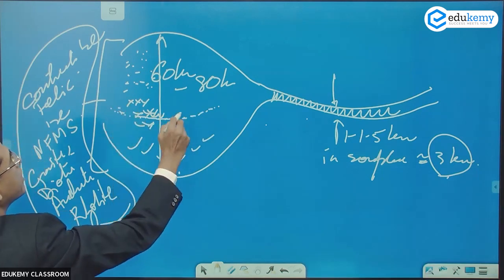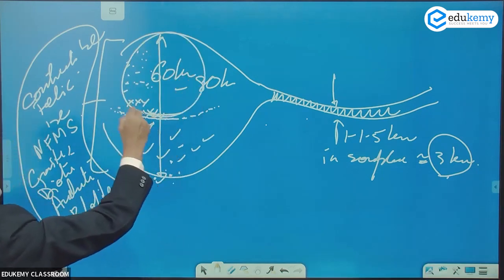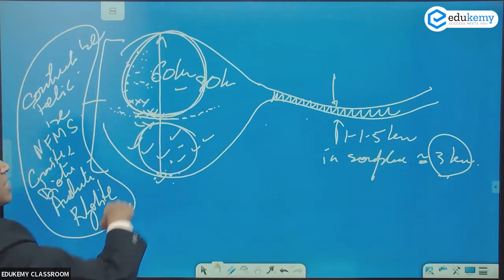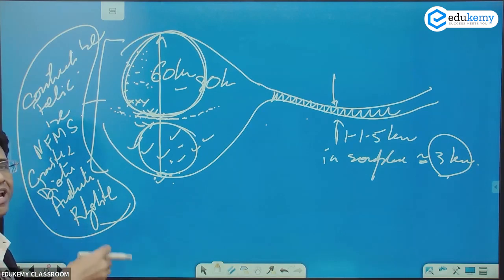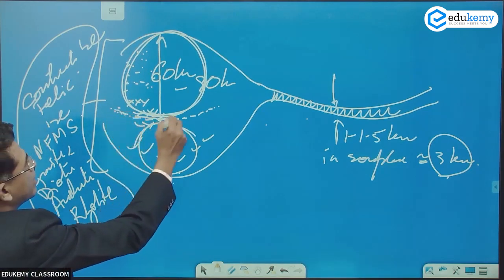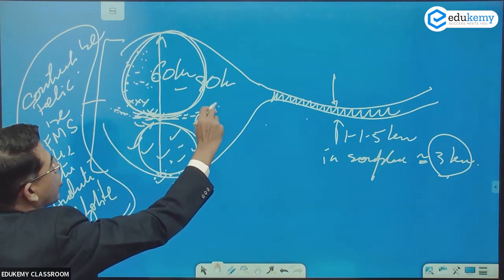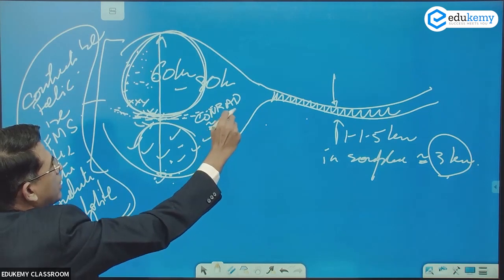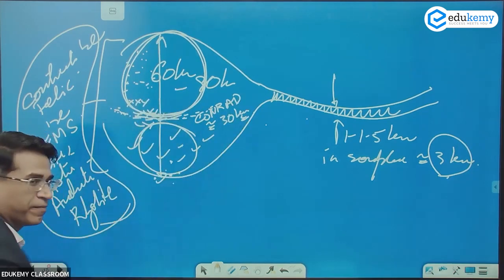In this depth, the upper rocks are relatively more felsic and the lower rocks are relatively more mafic. This layer is called the Conrad layer. This is approximately at around 30 kilometers depth.